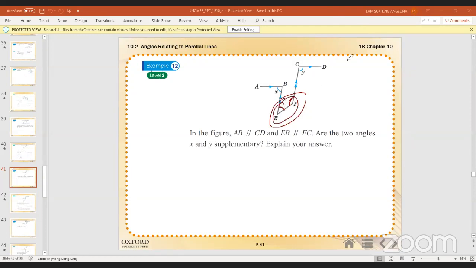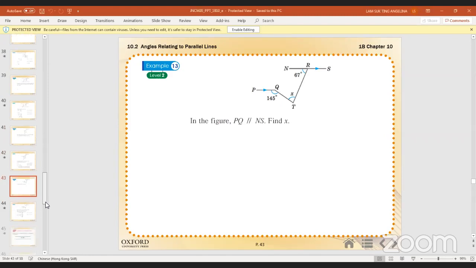We have no information about EF. Remember that we cannot assume they are parallel or straight lines. You have to read the questions and see whether you really have that kind of information given.